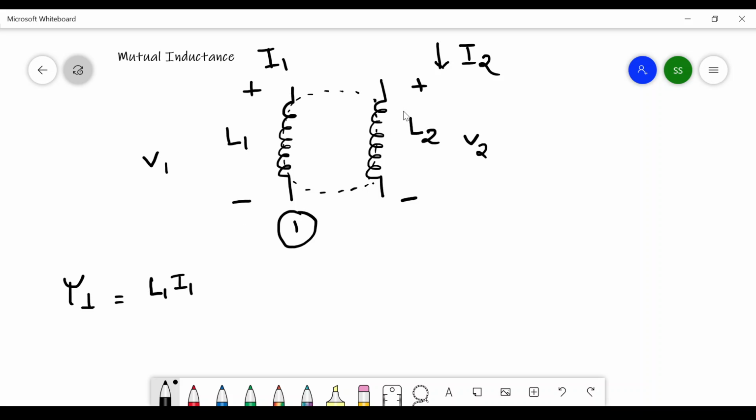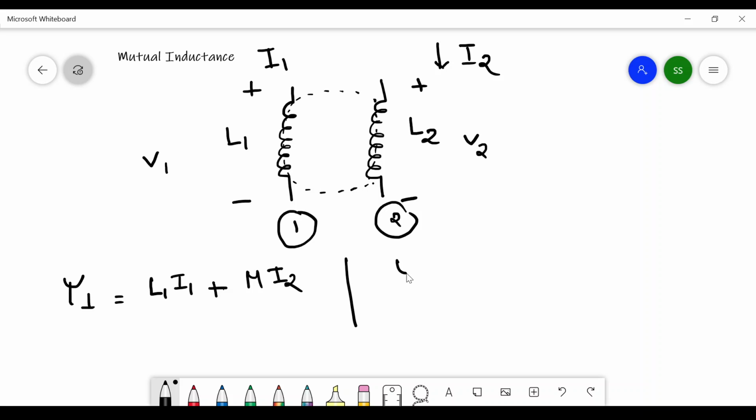So because of the current flowing in coil number 2, we will have some flux linkage in L1 also. So the total flux linkage phi 1 in coil 1 is L1 I1 plus some constant into I2.